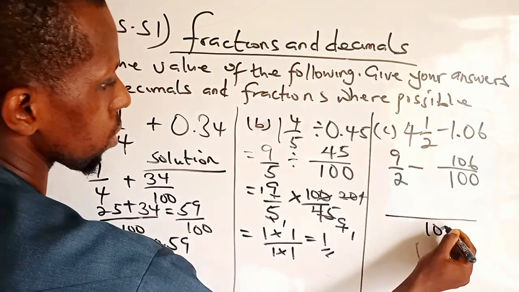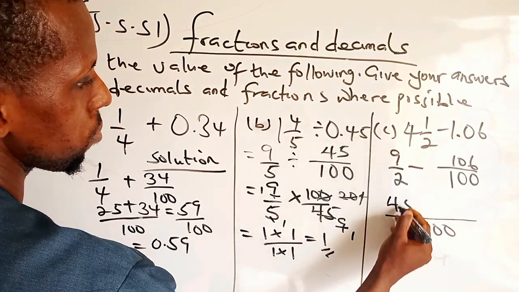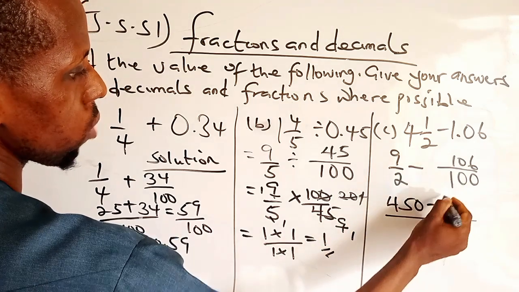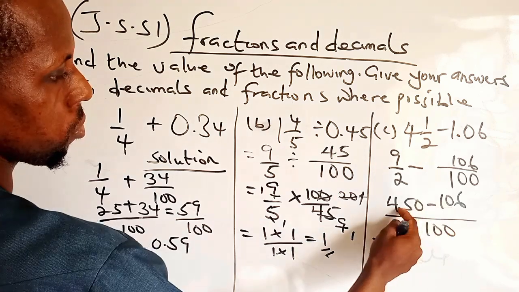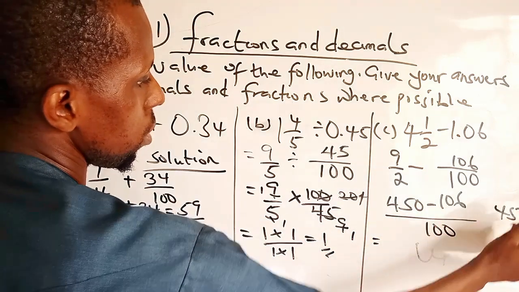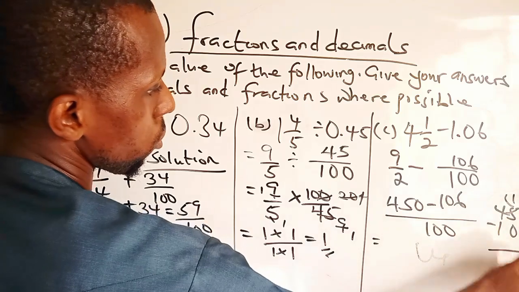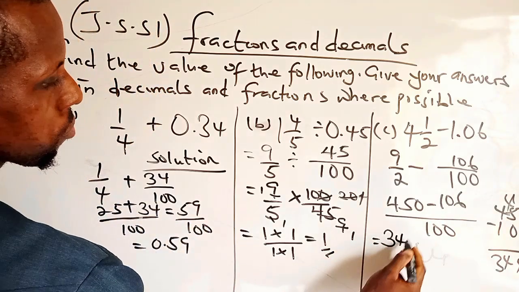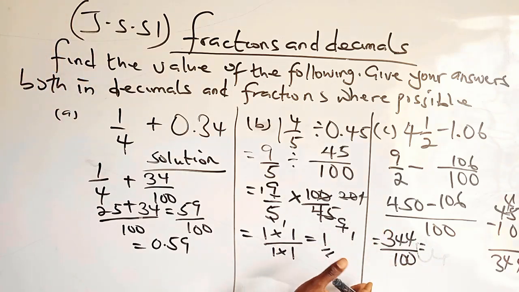Okay. So 2 in 100 is 50. When you times with this one, you have 450. Minus 100 in 100 is 1. When you times with this, you have 106. Okay. So when you subtract this from this, you have 450 minus 106. When you do the subtraction, we are having 344. So we have 344 over 100 in a fractional form.